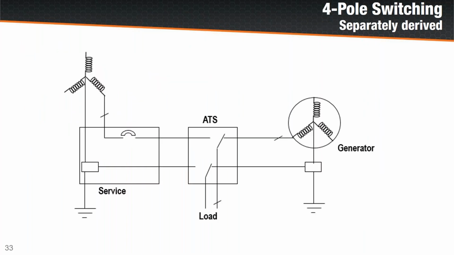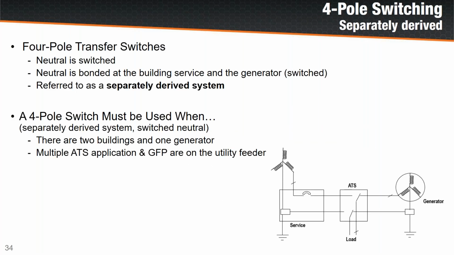So when we look at a 4-pole switch, we're actually creating 2 points of bond, one at the service and one at the generator. So they actually use different bond points depending on which source we're running on. The main reason to use a 4-pole transfer switch is if we're backing up multiple buildings, we don't want the buildings each to have a bond, and then when we're running on the generator, we create multiple points of bond in the system.